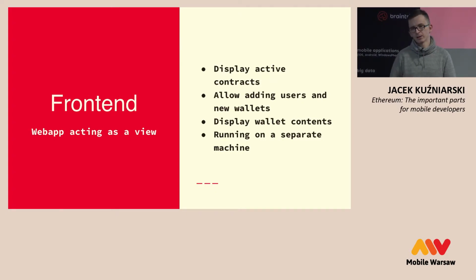Display the wallets so we can compare to each other how our work improves and so on. And that would be the last point. This is running on a separate machine, and this is to drive the point home that the DApp, distributed application, is actually multiple applications running on different hardware, and they come together and create the whole application. There are multiple parts of it.